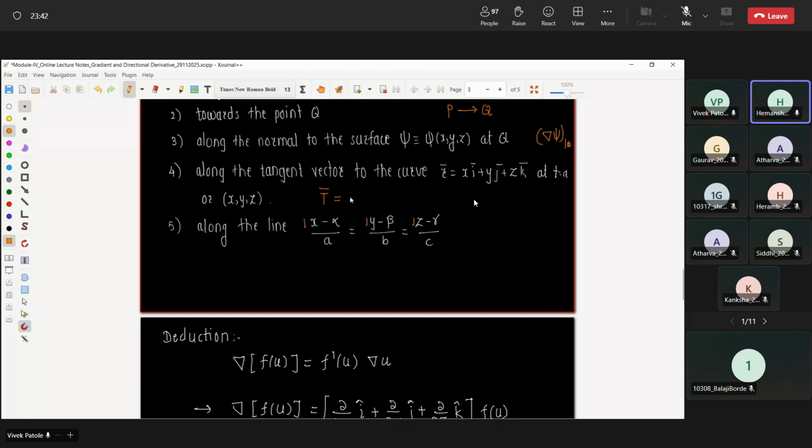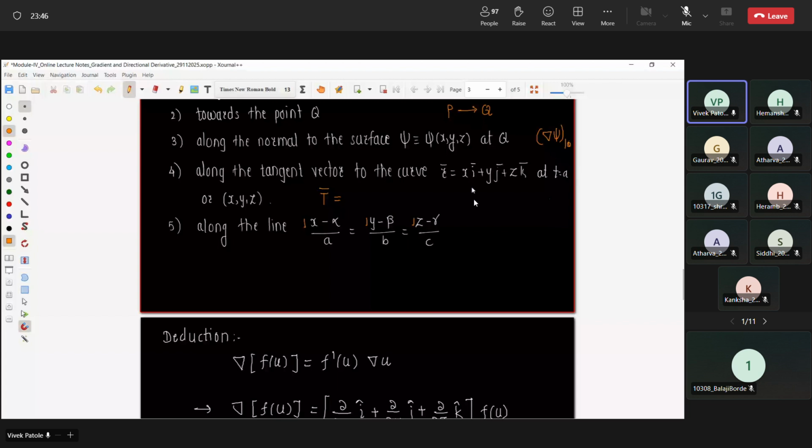See, in this module, here r bar is always a function of one variable only. Although you see here r bar equal to x i bar plus y j bar plus z k bar. Yesterday you might have noticed that I wrote r bar of t as x of t i cap plus y of t j cap plus z of t k cap.